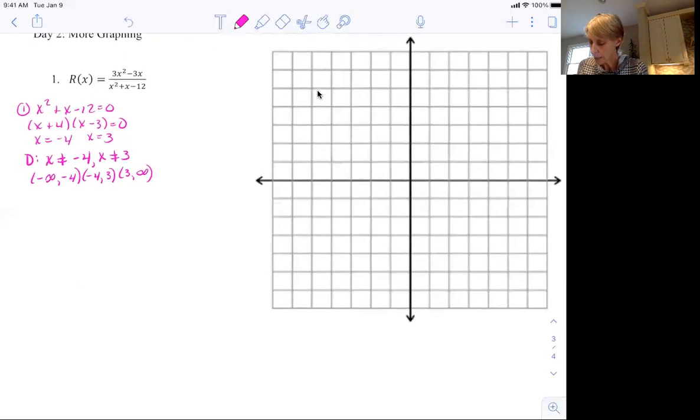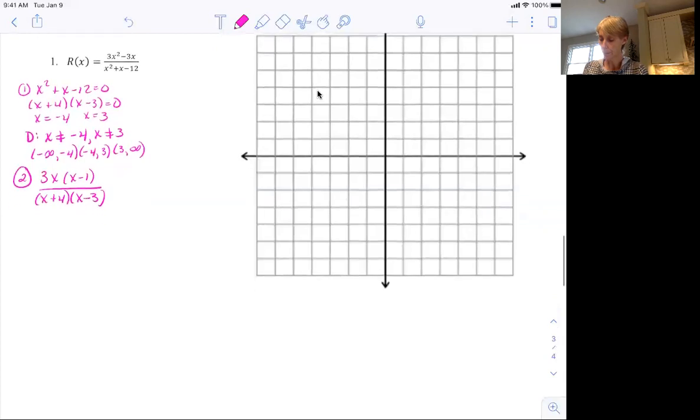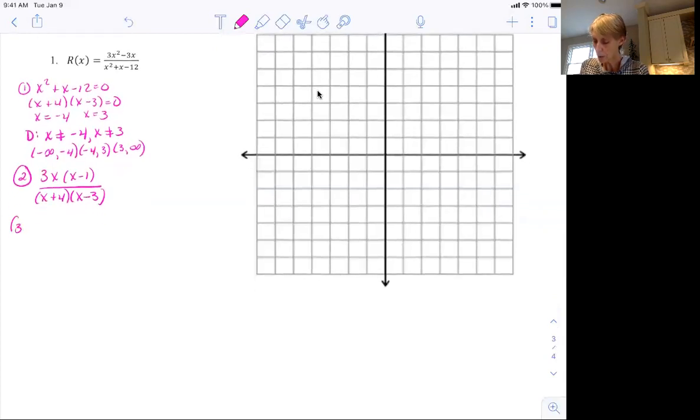The second step, we're going to factor and simplify. So I have 3x times x minus 1 over x plus 4 times x minus 3. And since nothing cancels, it is in simplest form. My x and y intercepts. I set the numerator, the simplest form of the numerator, equal to 0.